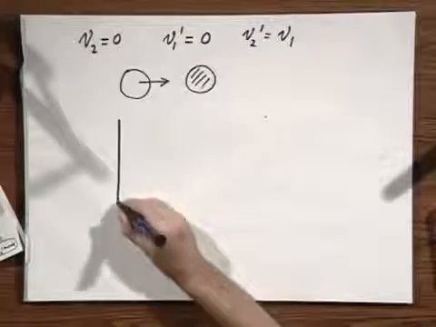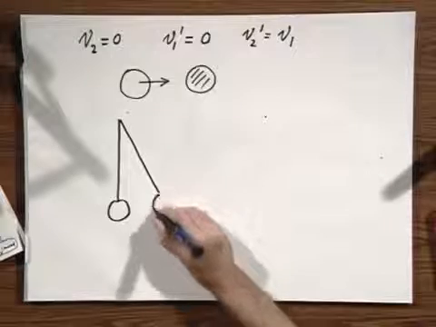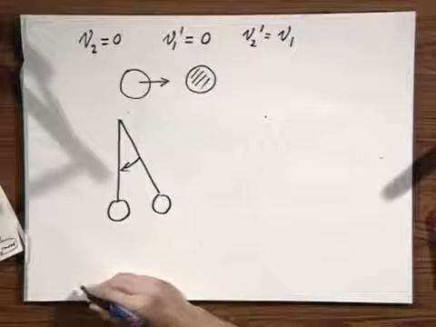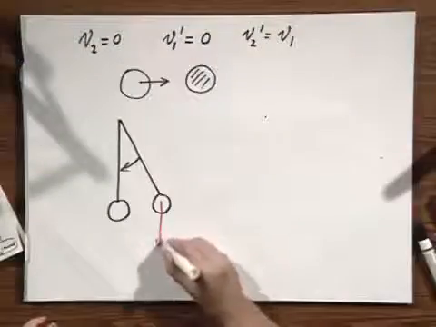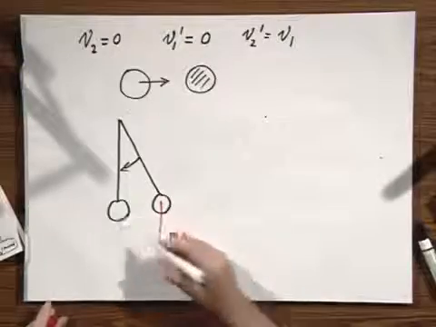I have here a pendulum, and I have here a pendulum, equal length and equal mass. And I will swing this one towards this one. You will say, well, there are external forces, there's gravity, which is very true. There is a gravitational force here, mg, and this accelerates this object.